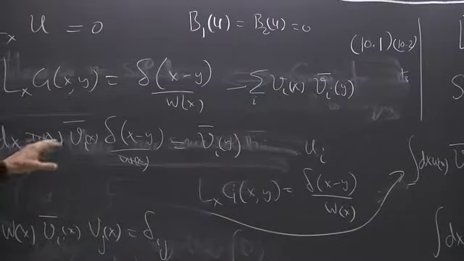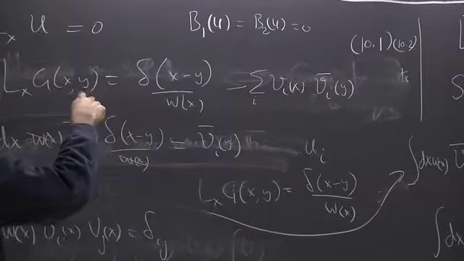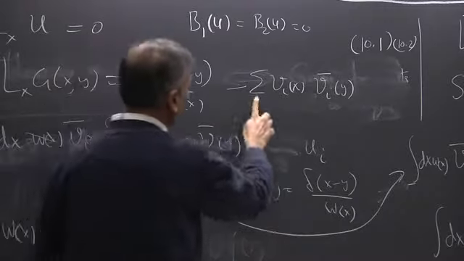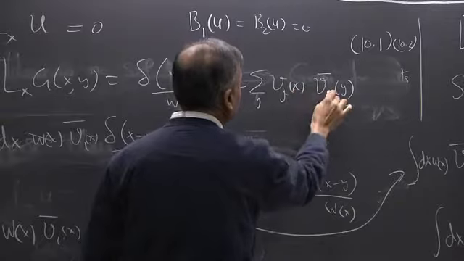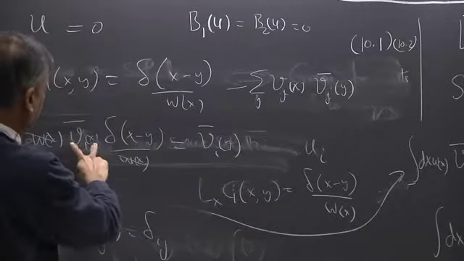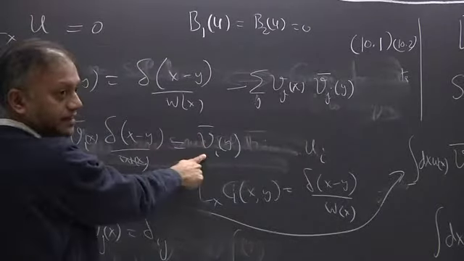If you take the scalar product of this with any Vi, Vj, let's say, then this gives you Vj bar. And let me put here j, because here I used the i. So when you take the scalar product of Vj with this whole combination, the first term gives you that.